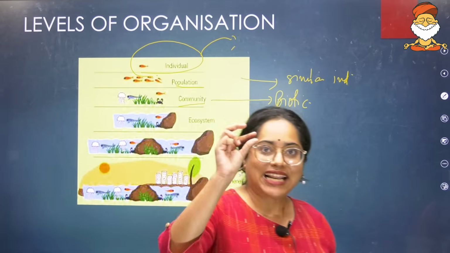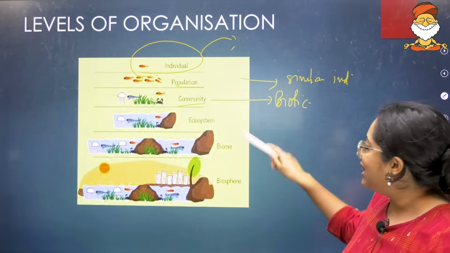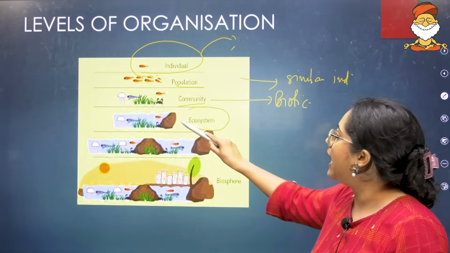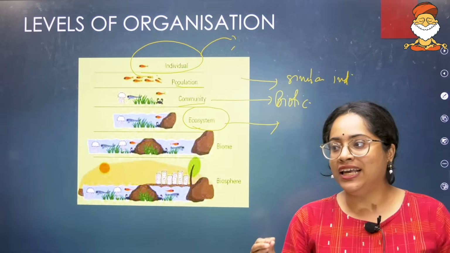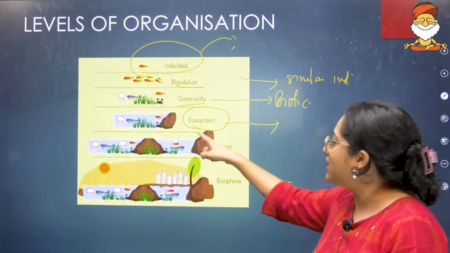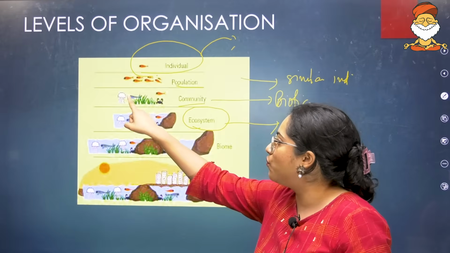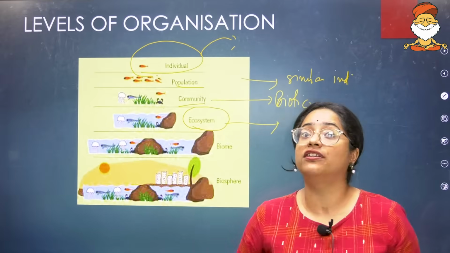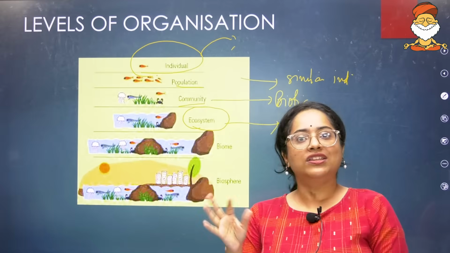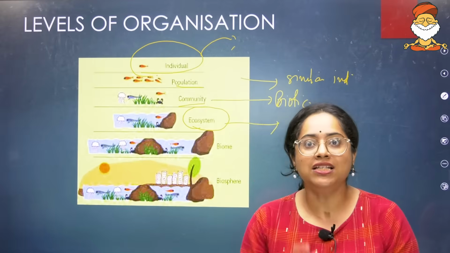Okay. Now go a little bit beyond and then you see the word ecosystem. And in ecosystem you are seeing the previous set of organisms itself. There's the crab, there's the grass, there is the orange fish, there's the blue fish, there's jellyfish. But there are two other things also. There is a stone and there's water right now. And don't think they just thought, okay, let's make the picture pretty and put it there. No, it means something.